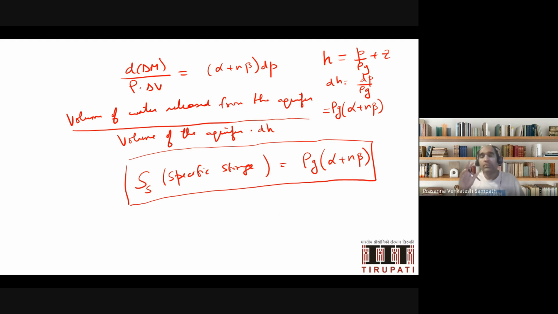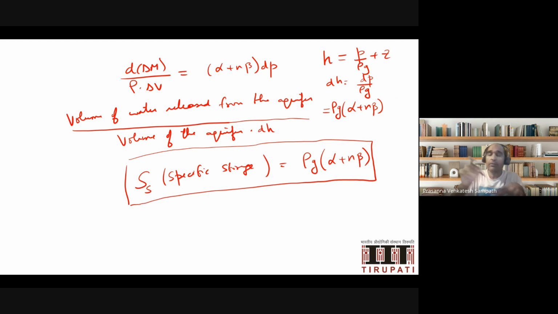So we have just established now that this specific storage is nothing but a term that involves both the compressibility of the aquifer and the compressibility of the water, right? So the mechanism by which the water is being released from storage is by a combination of these two processes, where the aquifer gets compressed and water gets released from storage. And in this compression, there is a marginal change in the porosity of the aquifer.